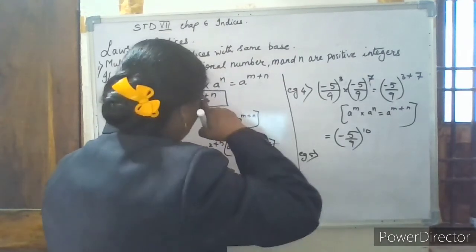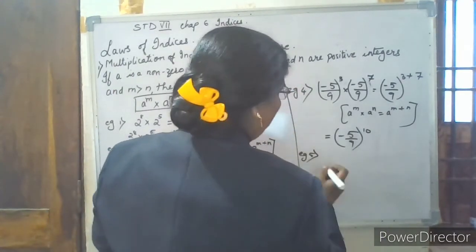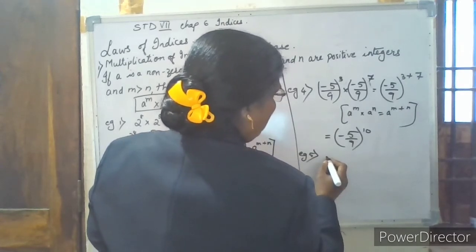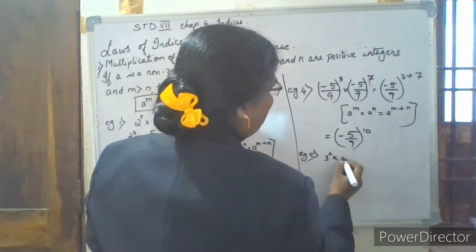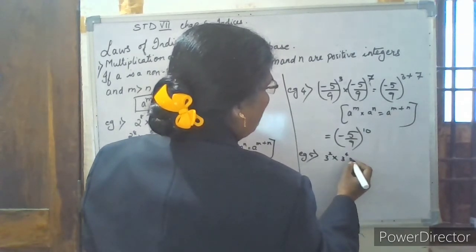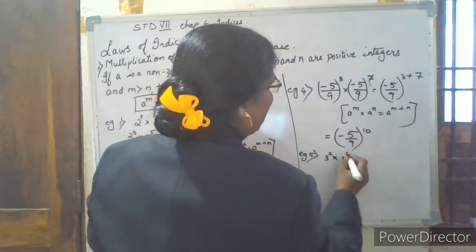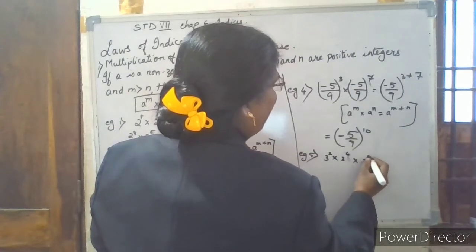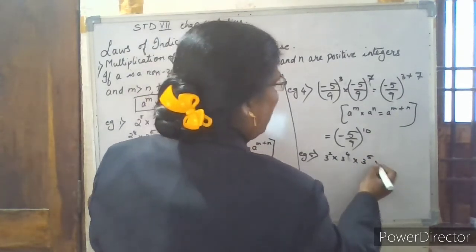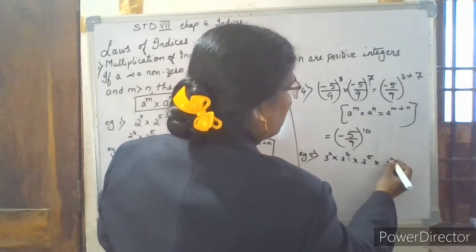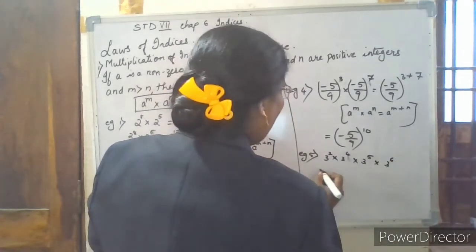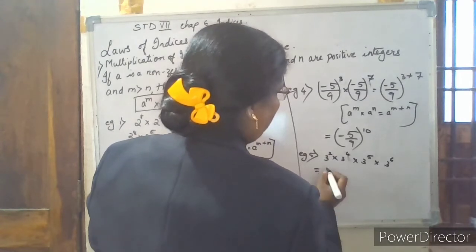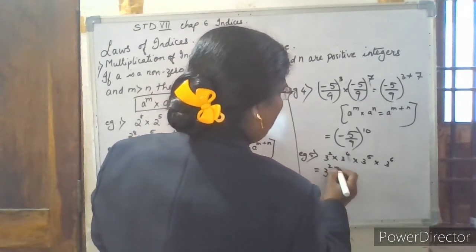Another example, suppose it is given as 3 square into 3 raised to 4 into 3 raised to 5 into 3 raised to 6. Then this will be equal to 3 raised to 2 plus 4 plus 5 plus 6.